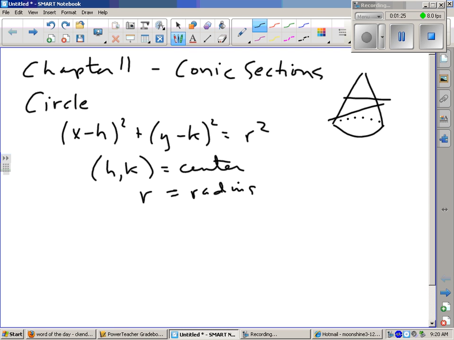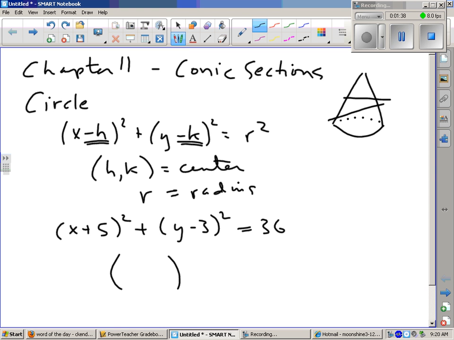So for example, if I have (x plus 5) squared plus (y minus 3) squared equals 36. The center, now notice up here these are both minus, so to get a plus I needed to have a negative 5. Here it's just plain old 3 because the minus is already there, so it's the opposite of what is in the parentheses. So that's my center.